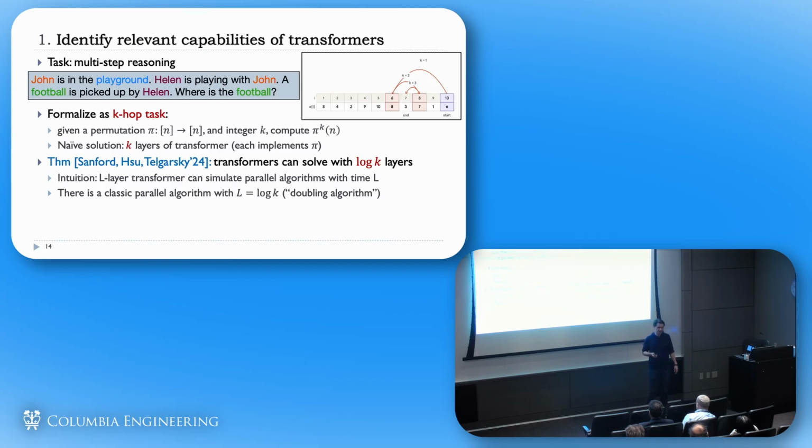If there are 10 layers in the transformer, then a naive way to imagine building one to solve this task would only solve k-hop problems with 10 reasoning steps. Whereas what this theorem says is that you should be able to solve 2 to the 10 reasoning steps. So 1,000 steps, reasoning steps. That's the idea.